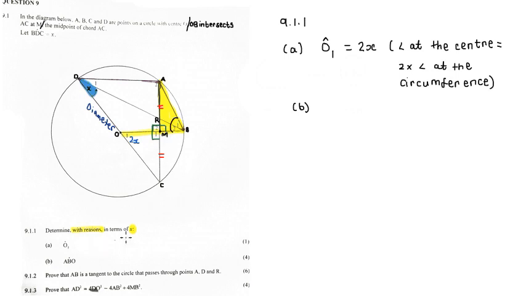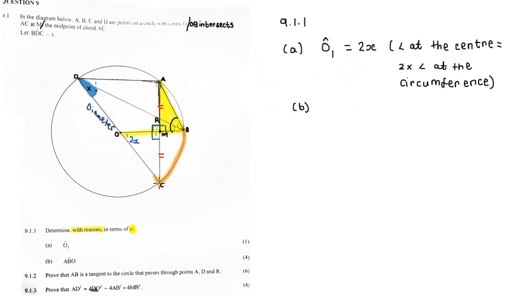Okay, so they said in terms of x, which means that it's going to be related to this x that was given to us in the beginning in some way, right? And it is. Hopefully you can see that again, if you go to this arc BC, you can look at the arc or you can look at the chord. It's up to you. You can see that basically what you have over here is angles in the same segment.